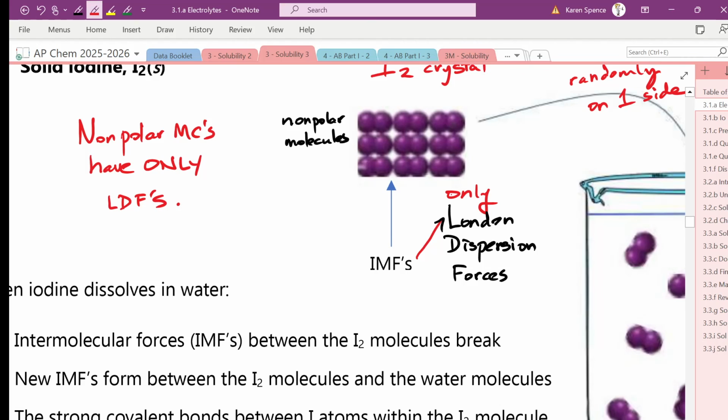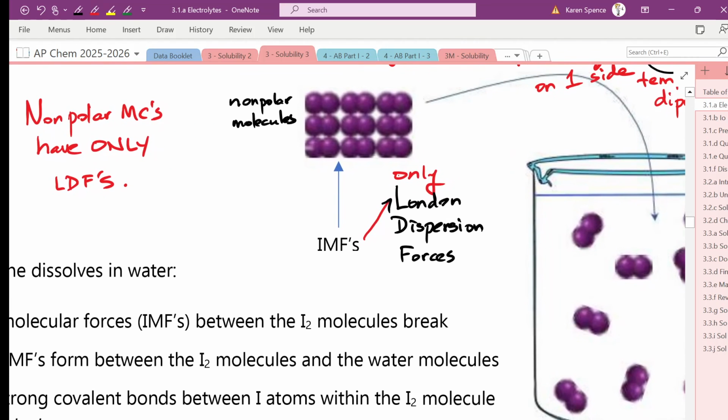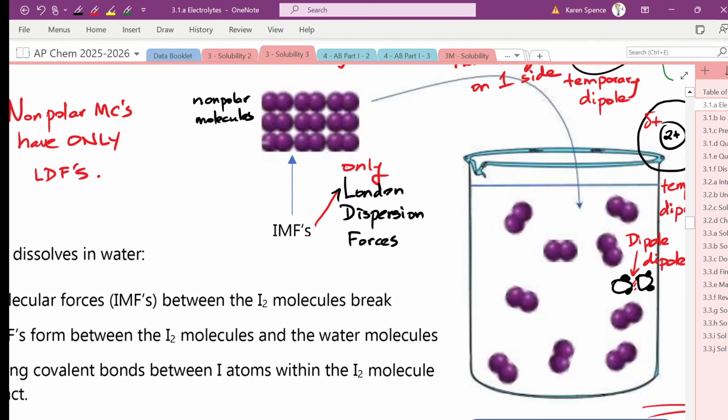Okay. What kind of force would we have between our water molecule and our iodine? Have a chat about that. What kind of force do we have between the water molecule and the iodine?